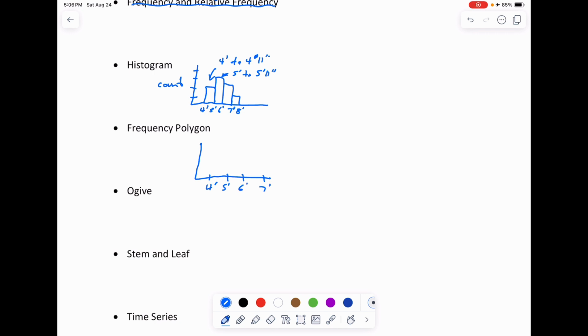In this case, maybe 4 feet represents 20% of our data. 4 to 5 represents another 30%. So now we're up to 50%, and we're just going to draw a line to that. And then maybe up to 6 feet takes us to a total of 65% of our data, and then 7 feet takes us to 100% of our data.